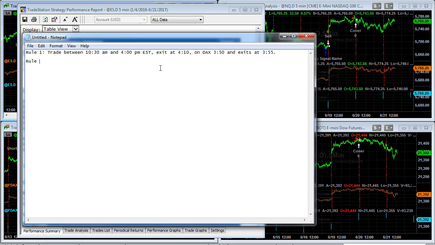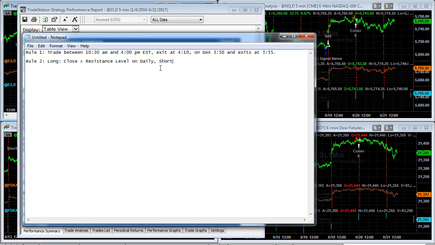Rule 2 is for longs, the close is greater than a resistance level on the daily charts. Real generic, right? Daily chart.